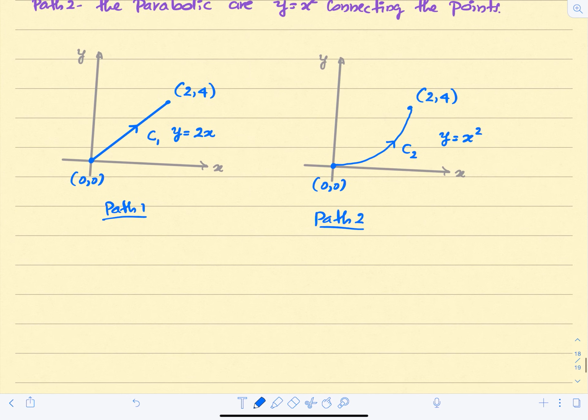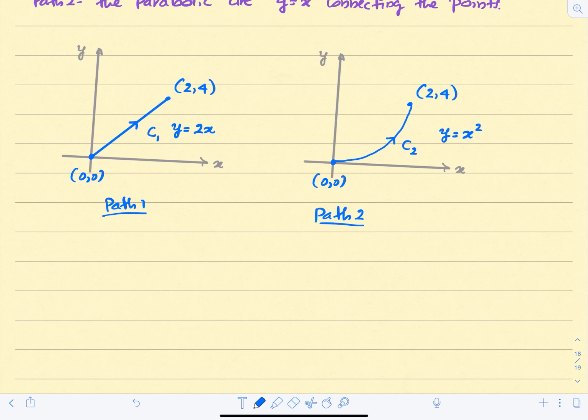Okay, let's calculate the line integral along the path C1.